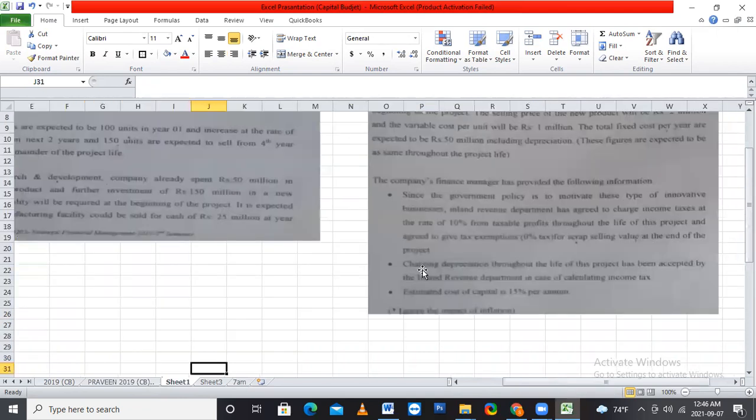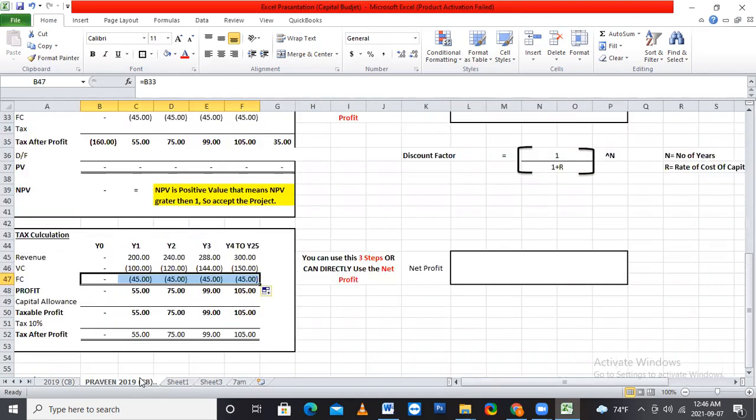After that, they are saying that charging depreciation through the life of the project has been accepted by the Inland Revenue Department in calculating income tax. When we calculate the income tax, we can't use the depreciation, so we convert it to the capital allowance.